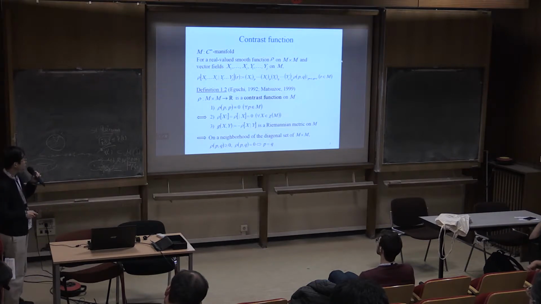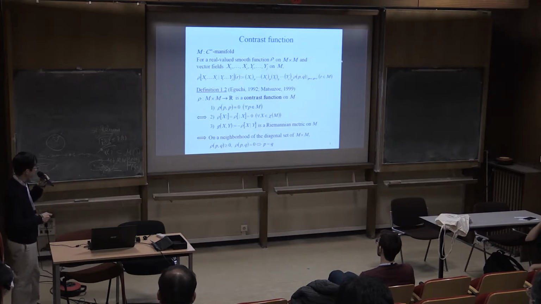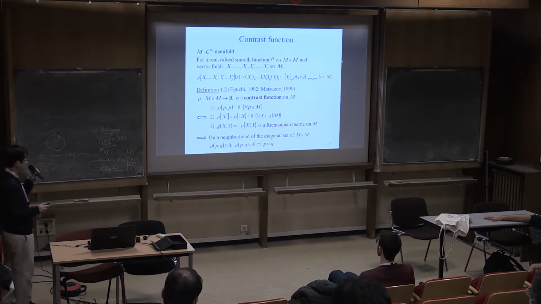A contrast function is a two-point function defined on M, which satisfies these conditions. This notation is a bit unusual, but maybe it is well known in information geometry. These are vector fields, and this means, for example, that the vector field X plays a role to differentiate the function rho with respect to the first argument p, and Y differentiates the function rho with respect to the second argument q, and then the value is evaluated on the diagonal set.